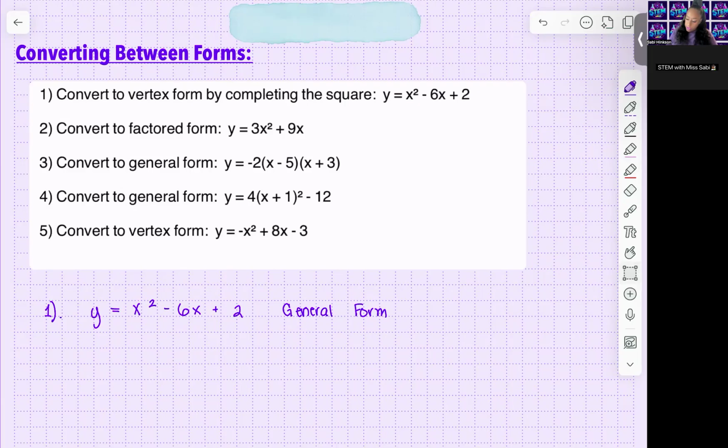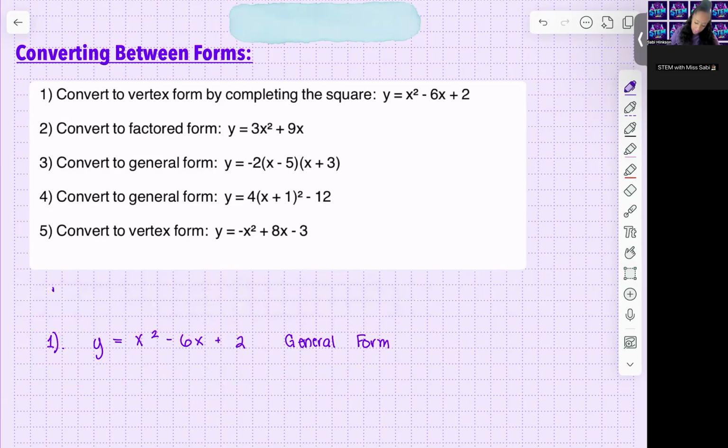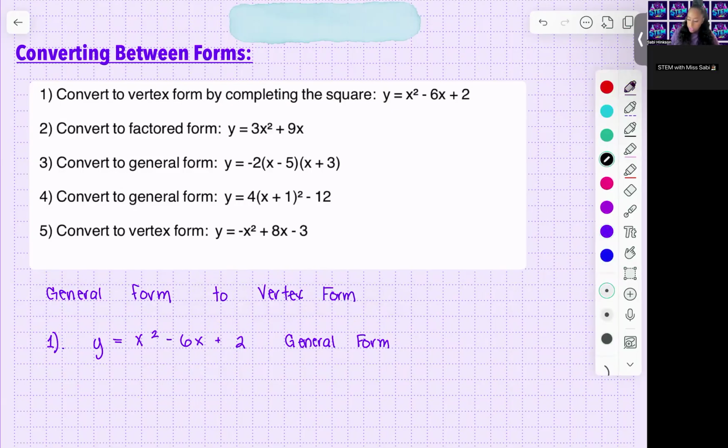So what we are doing here is converting from general form to vertex form.